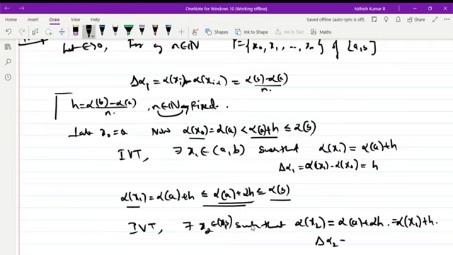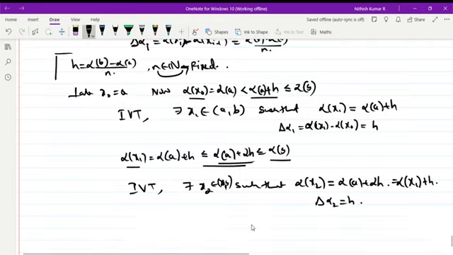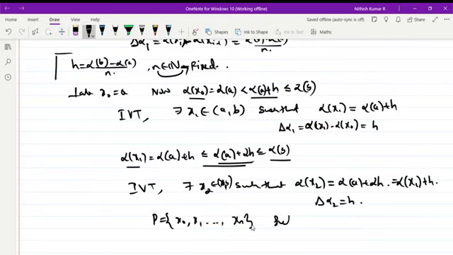Again delta alpha 2 is equal to h. Continuing like this, we get the partition P, which is nothing but x0, x1, so on up to xn, such that delta alpha i is equal to h.